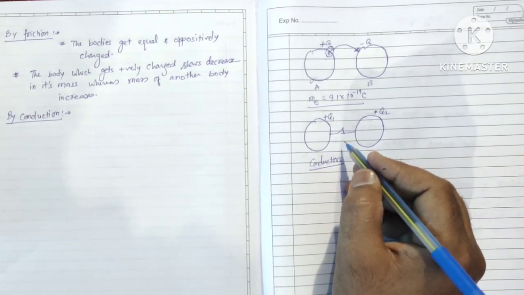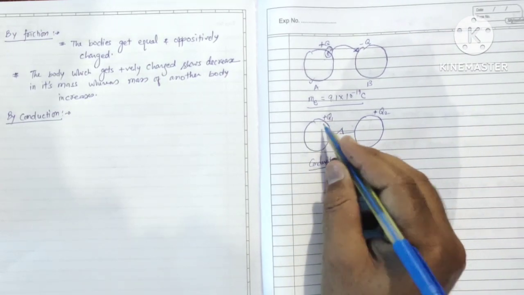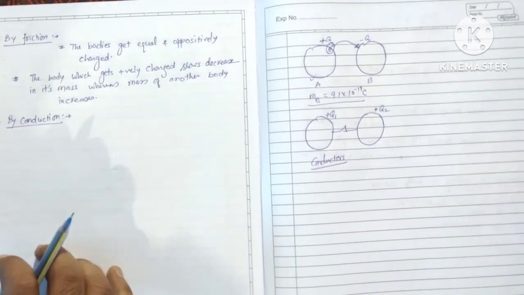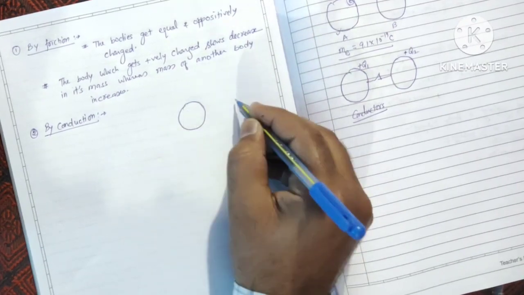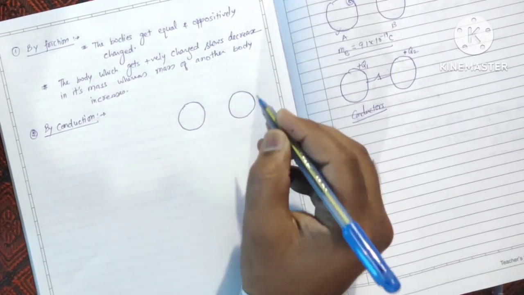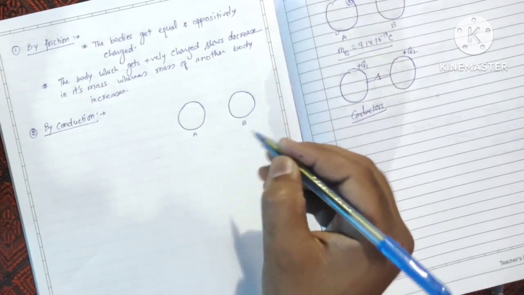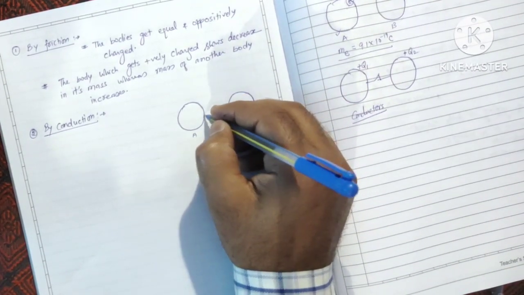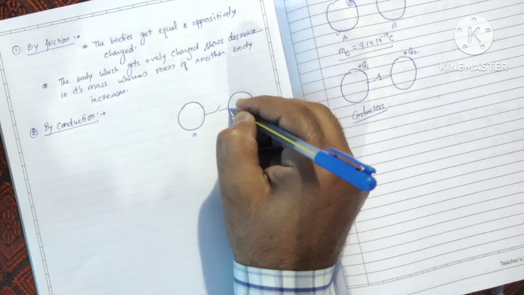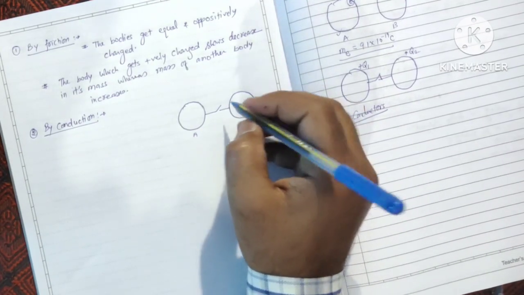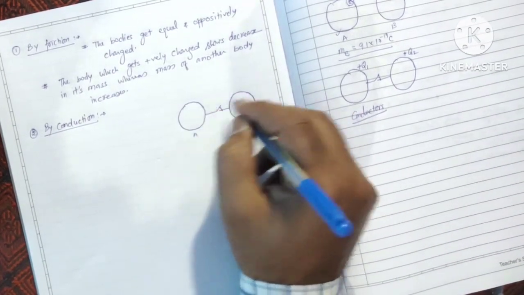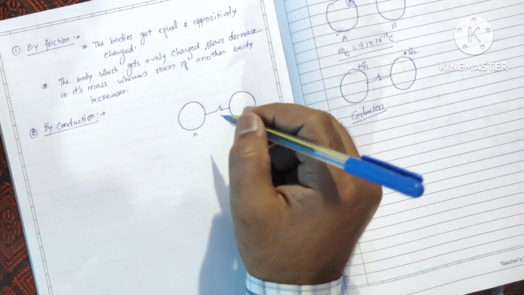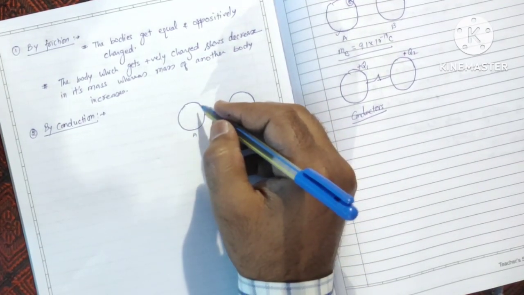Due to that restriction, we are supposed to consider the bodies as identical, right? So I am going to consider identical bodies here. When bodies are identical, it can be easily understood that the total charge will divide itself equally amongst the bodies, right?